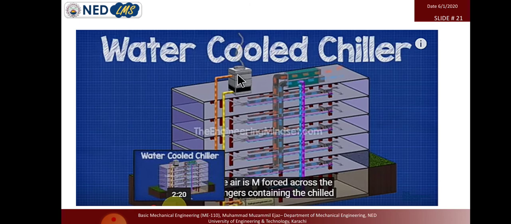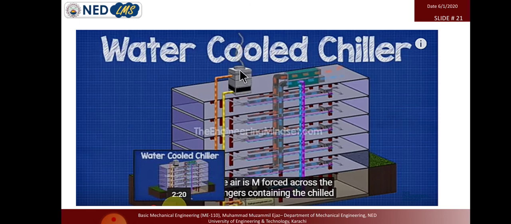Similarly, the same process is working over here. The water is sprinkling from the cooling tower. There is also a fan, and the air comes from the bottom and leaves from the top.